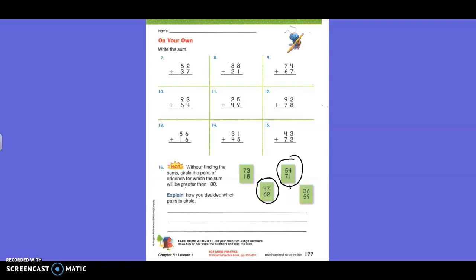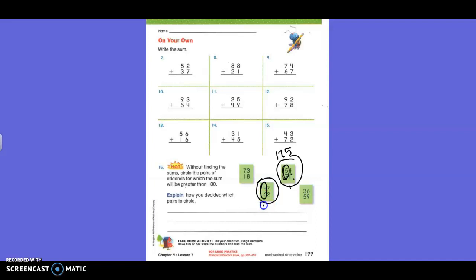So that one would be more than 100. If you look at the tens places, 5 plus 7 is what? 12. And 4 plus 6 is 10. Well, if this was 12, you would be 12 plus whatever this number would be, 4 and 1. So that'd be 125.